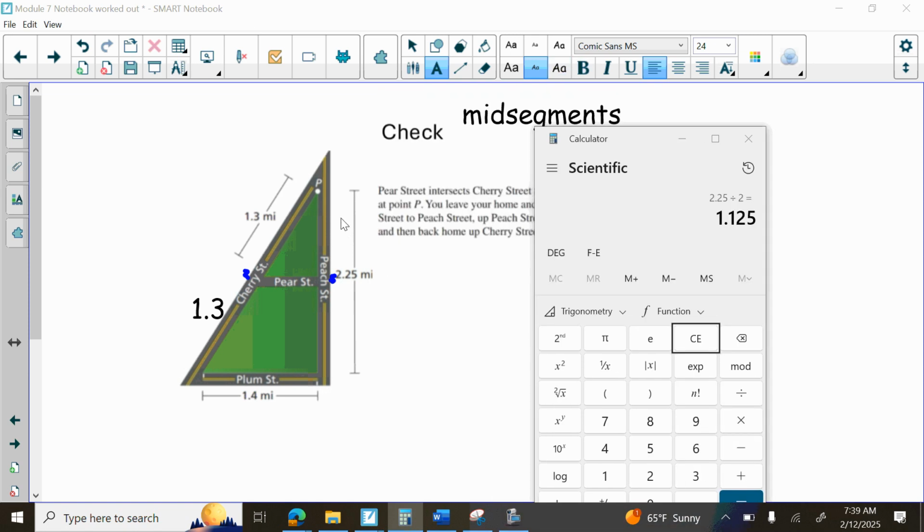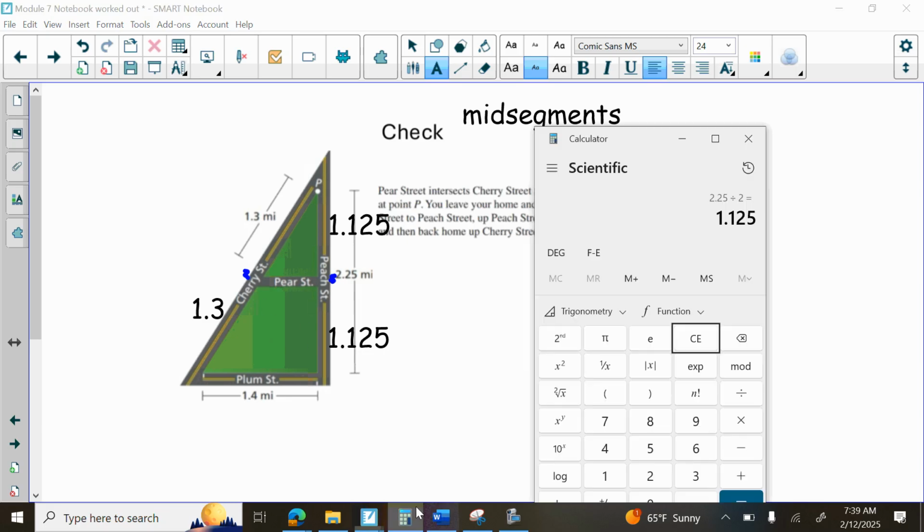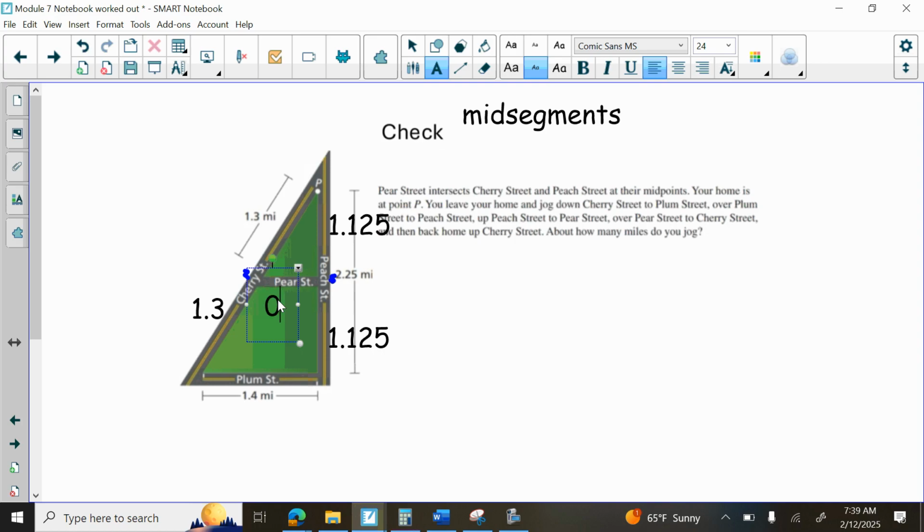So each part here measures 1.125. How do we figure out what Pear Street measures? Half of 1.4 because they're parallel. See? Let's pay attention. 1.4 divided by 2, 0.7. So I know that Pear Street is 0.7.